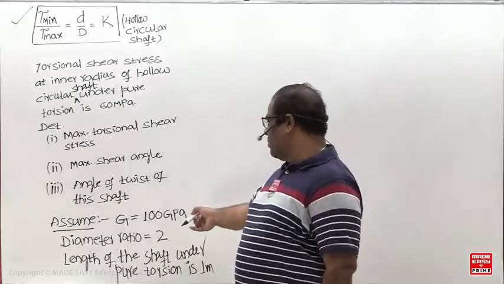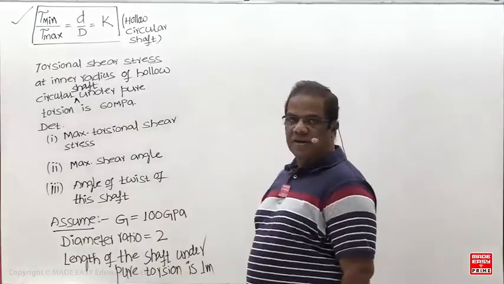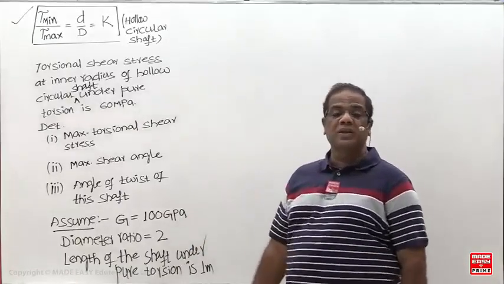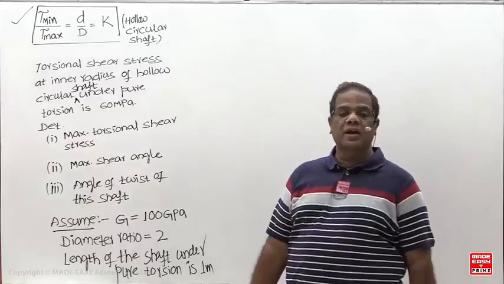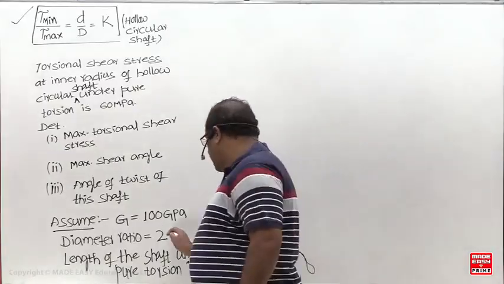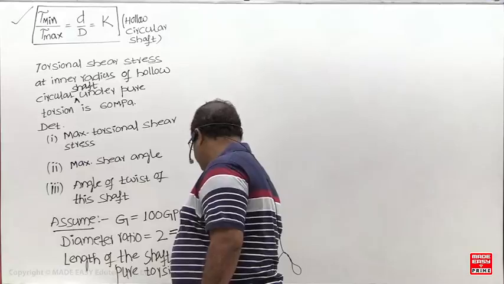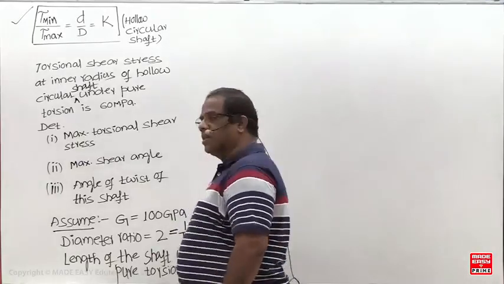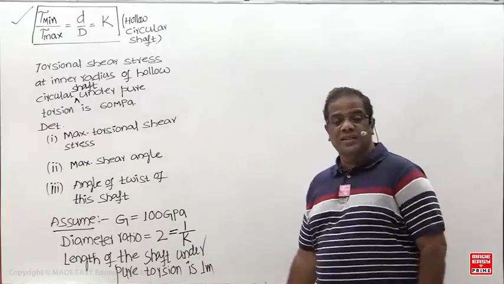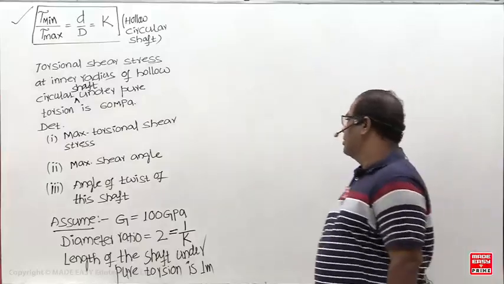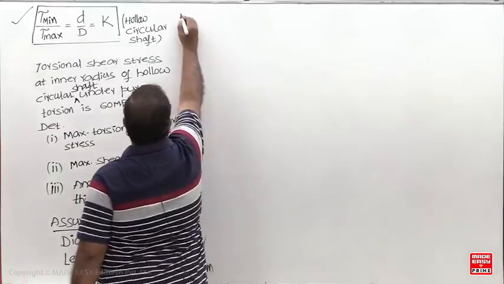G is 100 gigapascal, diameter ratio, length of the shaft. Now what does diameter ratio 2 mean? It is outer to inner, therefore it will be 1 by K. Diameter ratio less than 1 is K. So it's a simple question.